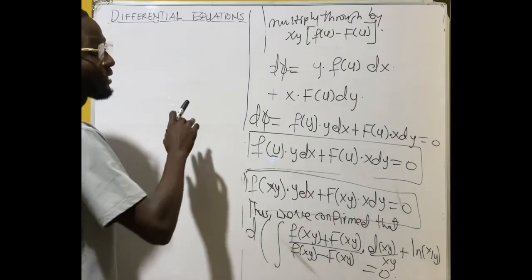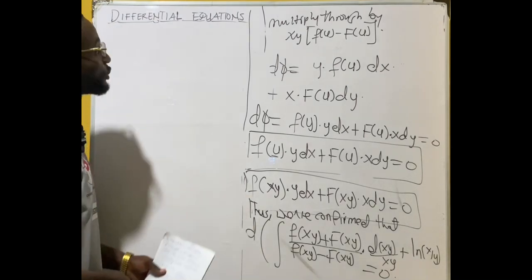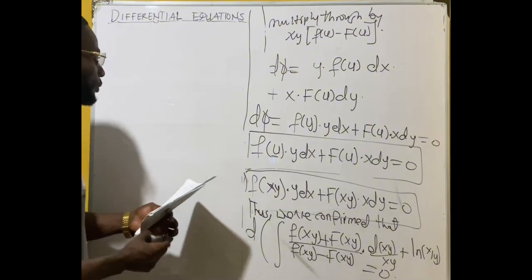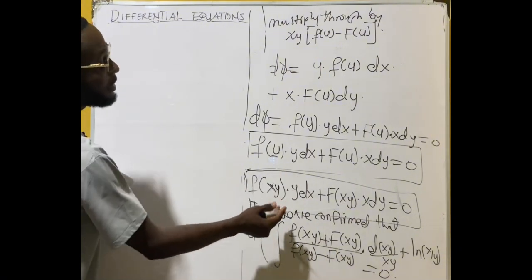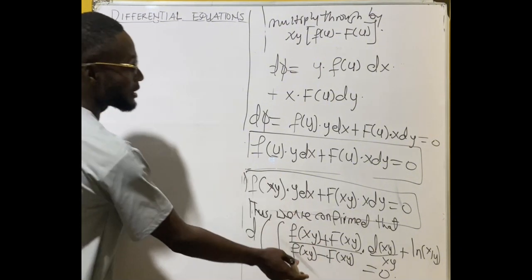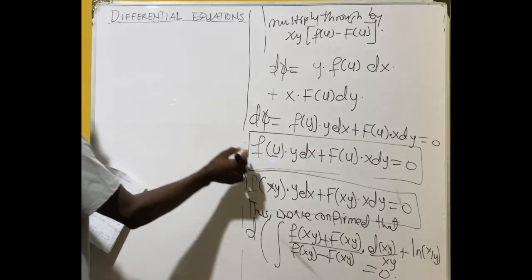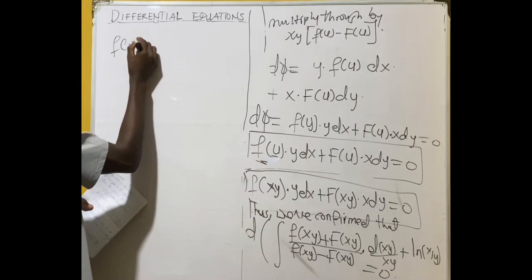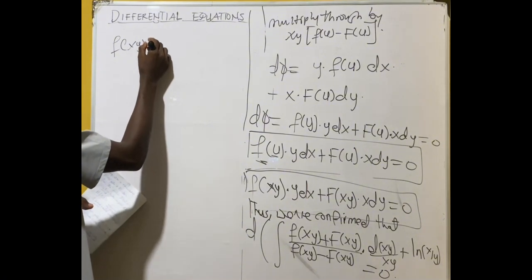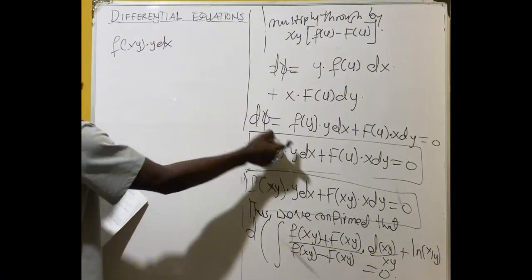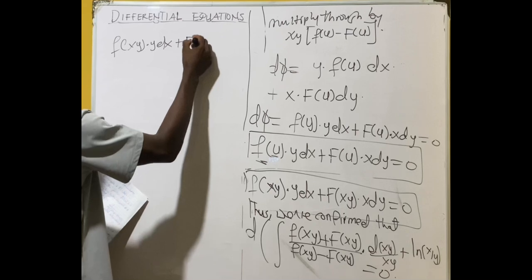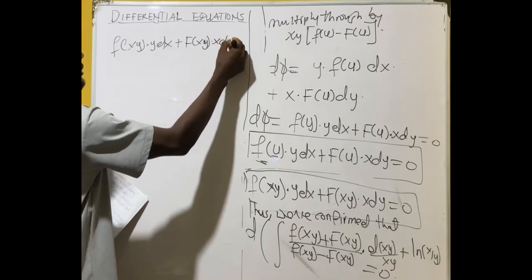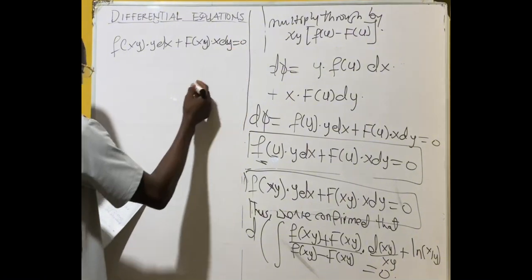Okay, so let me write this conclusion before we start solving the full differential equation. This clearly means that we have here f of xy times y dx plus big F of xy times x dy is equal to 0.